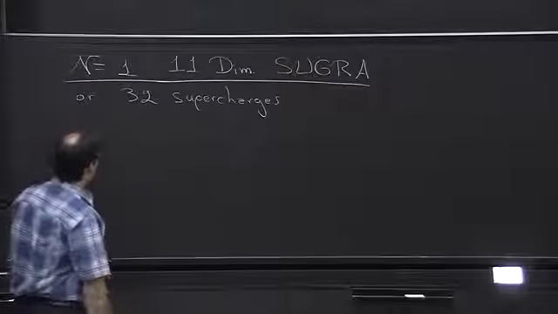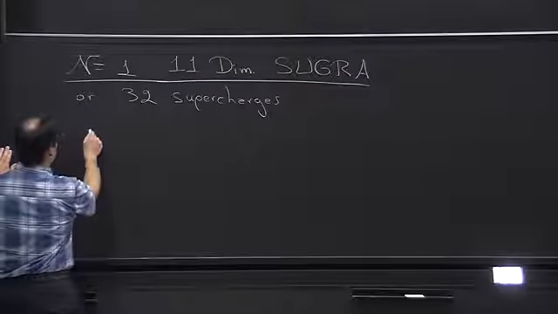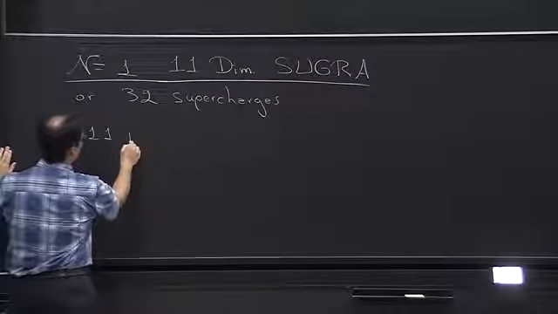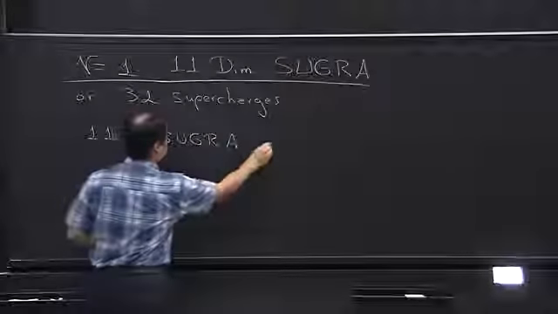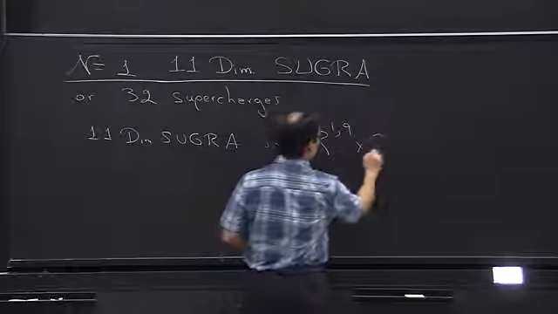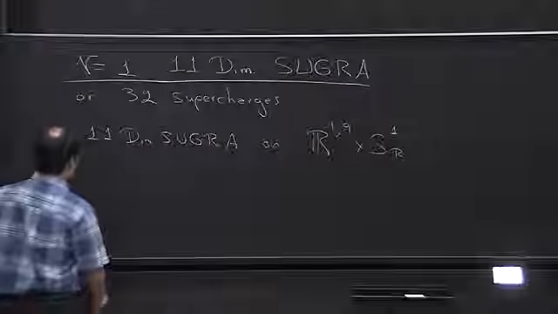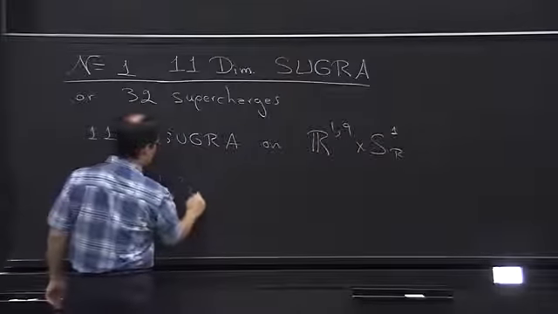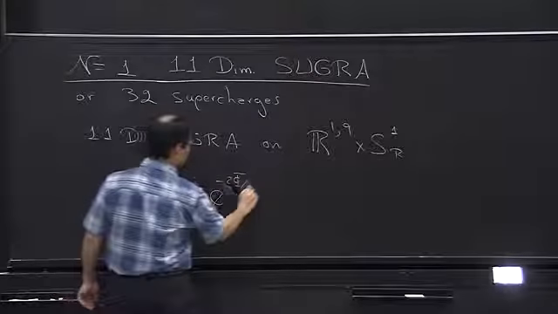Okay? And Lilia also told you how to take this theory and compactify it on an S1 of some radius r. And the metric ended up looking like something like this.